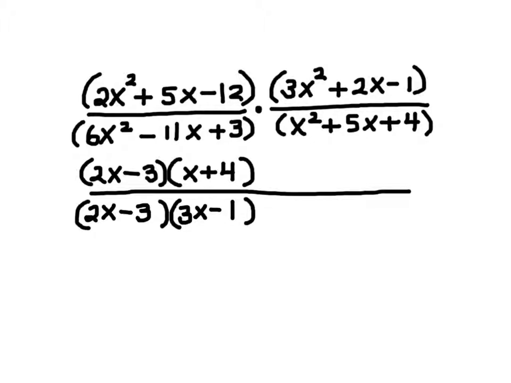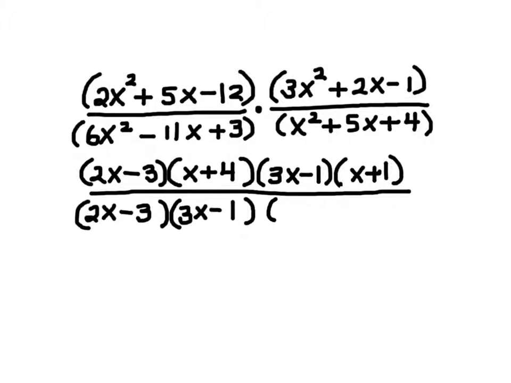Okay, let's go back up to the numerator here and get the factor of this quadratic trinomial. When we do, we will get a 3x minus 1 times an x plus 1. And now let's factor the quadratic trinomial in the denominator of the second rational expression.